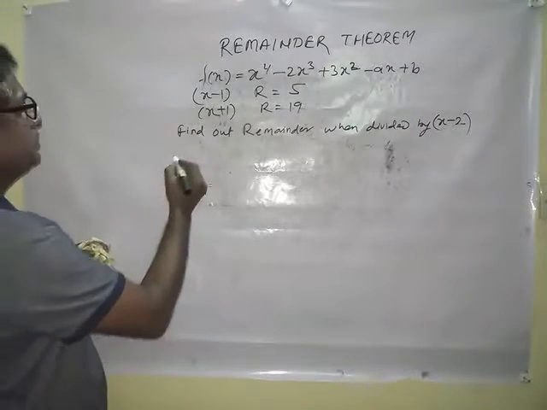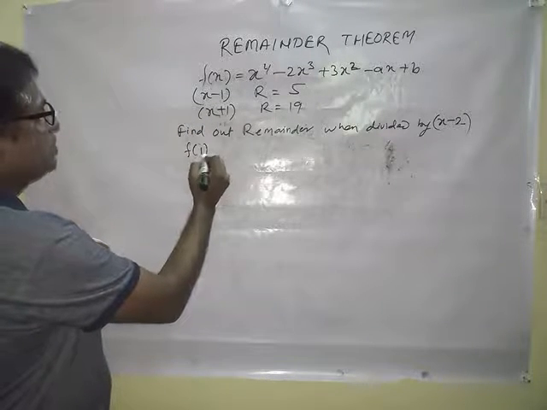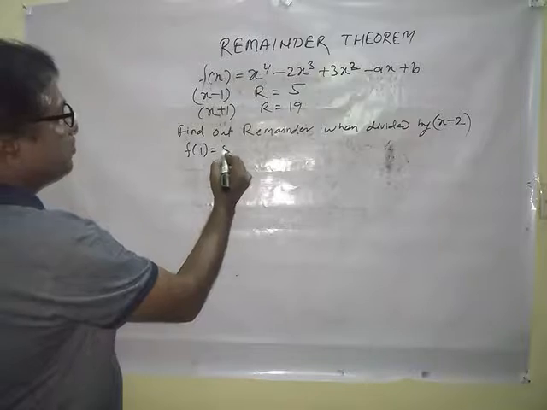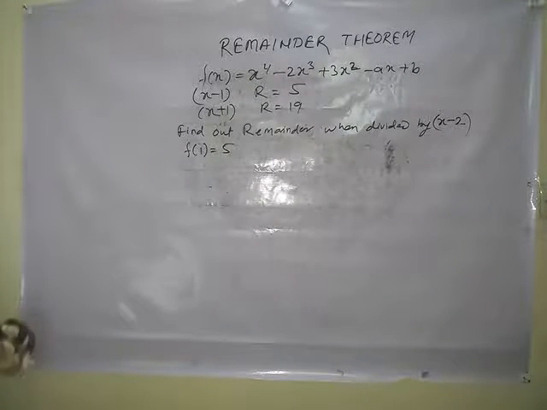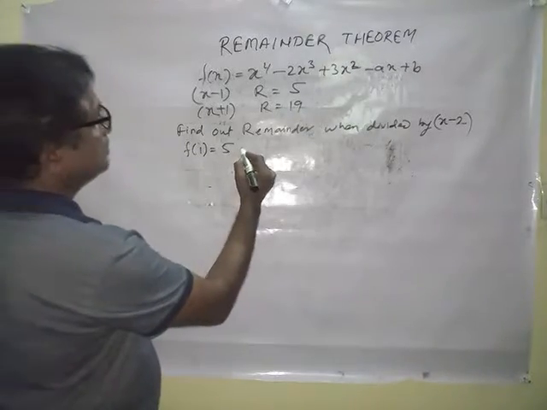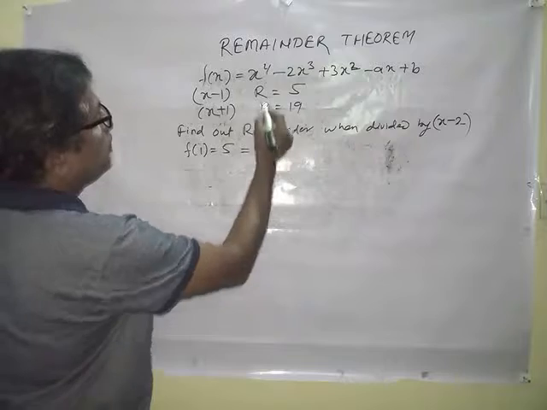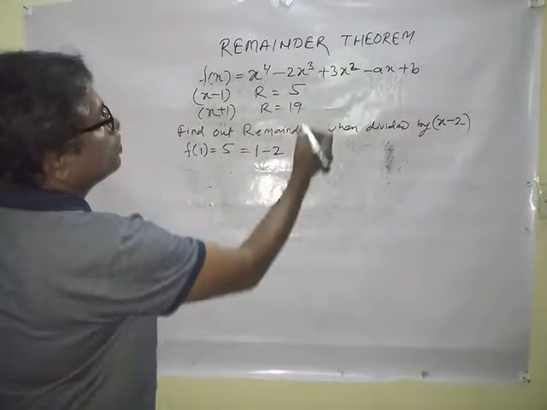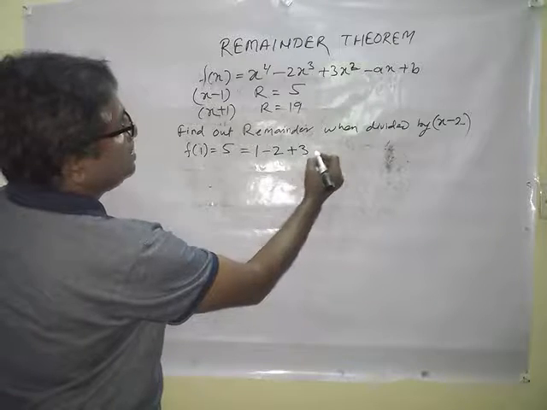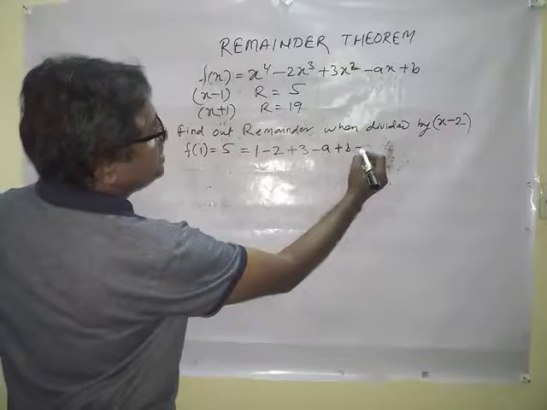x minus 1, so x will become 1. So f(1) equal to remainder, given 5. Let us quickly put the value of 1. So 5 will become 1 raised to power 4 of 1, minus 2, plus 3, minus a plus b.